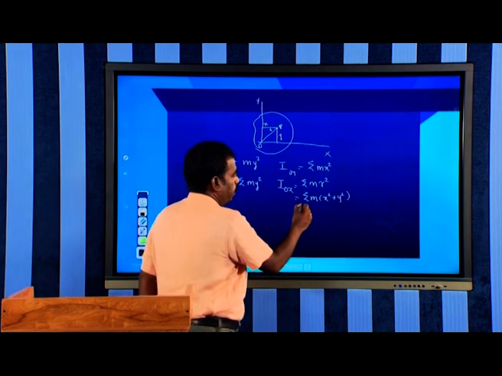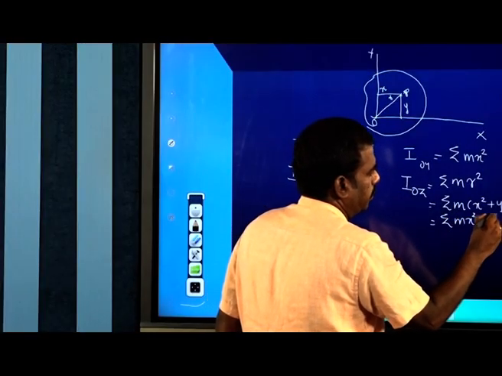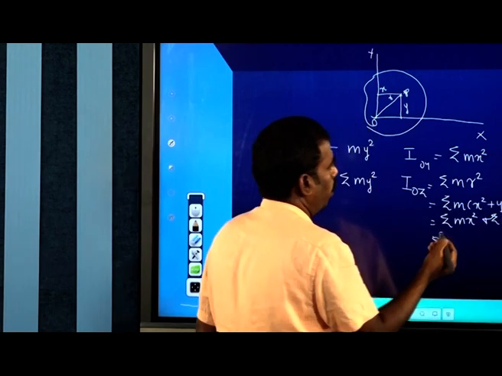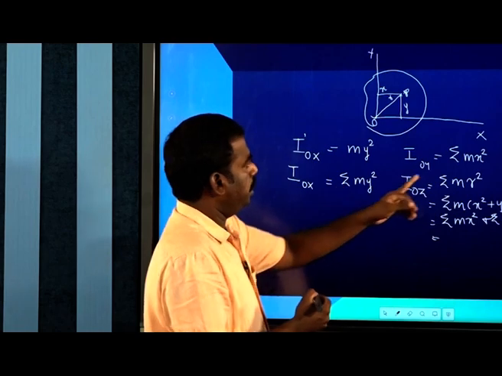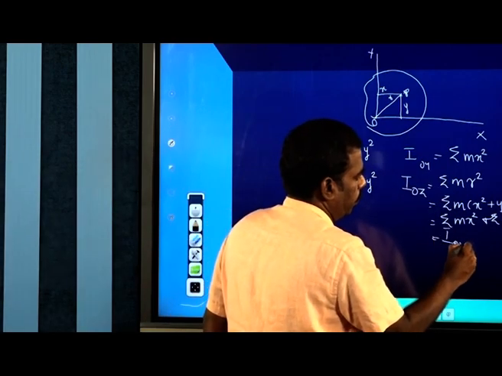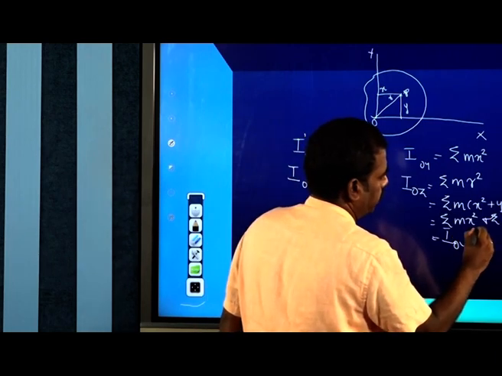So, it is sigma m x square plus sigma m y square. What is sigma m x square? Sigma m x square equals I Oy. What is sigma m y square? It is I Ox.